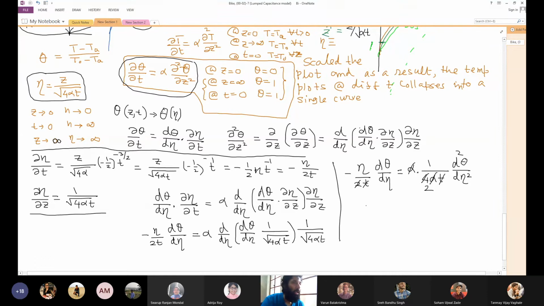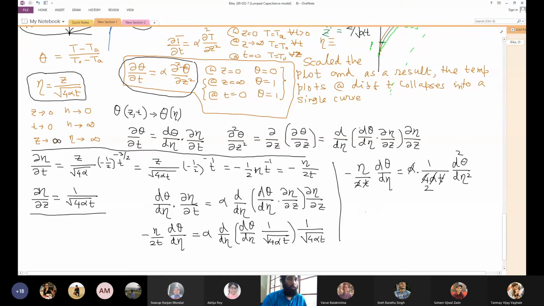You see that had it not obeyed the scaling condition, we could not make this collapse. You see t or z didn't appear anywhere. They cancelled in some way. If this transformation was wrong, this cancellation would not have occurred.